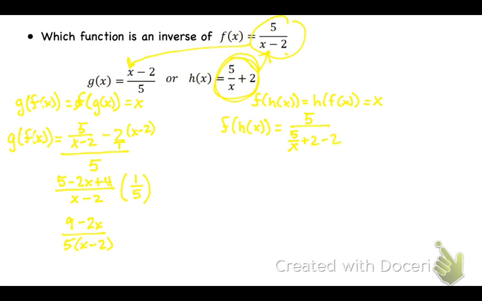Okay. So 2 minus 2 is 0, yes? And then I multiply by the reciprocal, so x over 5, which gives me just what? X. Do you see how easily, like it looked bad, but did it fall apart pretty easily? Like it simplified down? So now I have to do h of f of x.